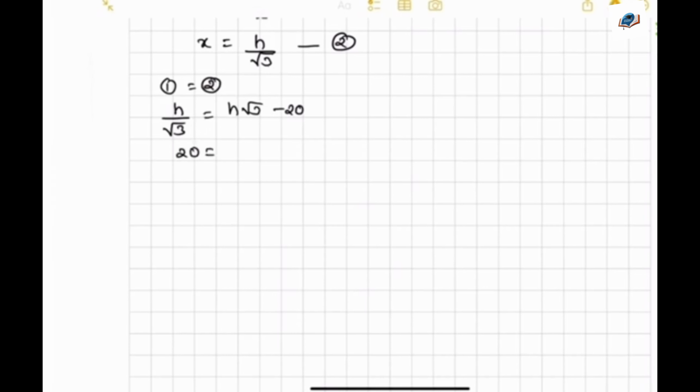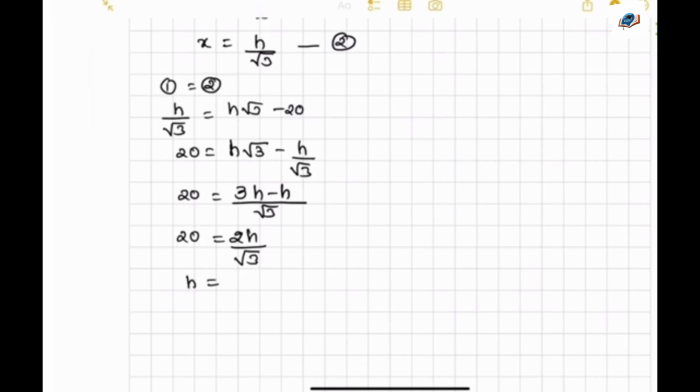So if I bring both the h values on one side and 20 on another side, so 20 equal to h root 3 minus h upon root 3. So doing LCM root 3, so 3h minus h equal to 20. So 20 equal to 2h by root 3.